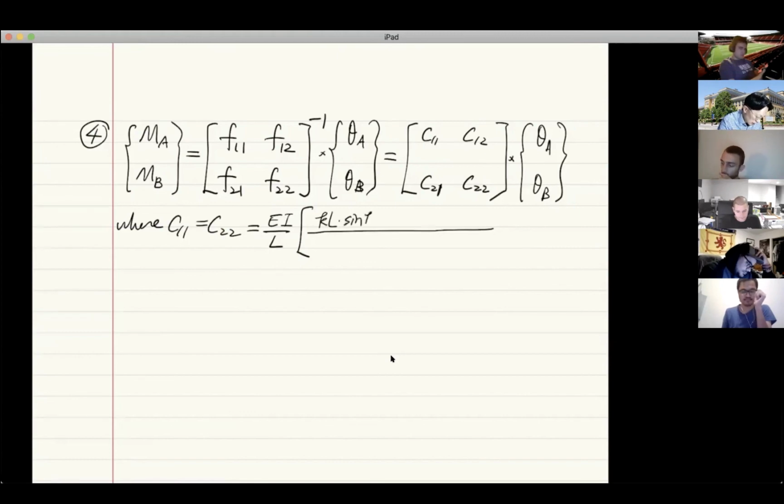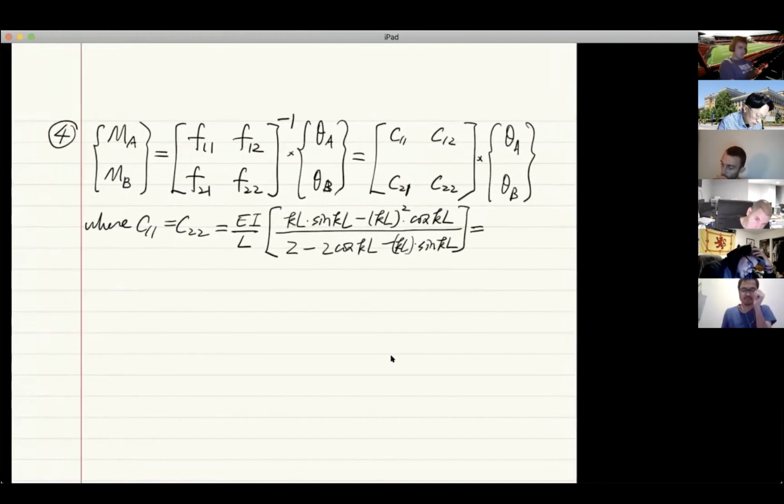It's KL times sine KL minus KL squared times cosine KL, divided by 2 minus 2 cosine KL minus KL times sine KL. Like this. And we said this is related to another coefficient. We call it Sii. And we will get to that momentarily.